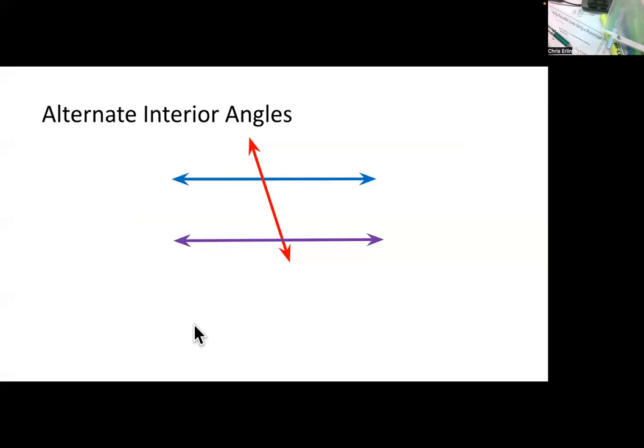Let's see. Can you visualize, please, where in this picture you would expect to see alternate interior angles? Maybe there or there. Can you visualize, please, where you would expect to see alternate exterior angles? Right? How about same side interior?